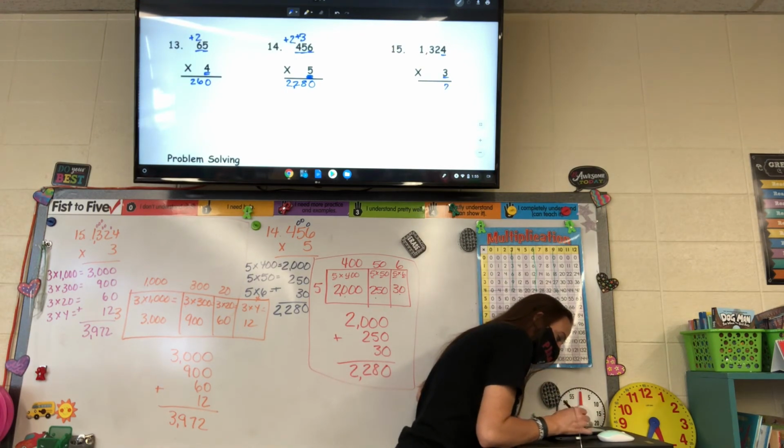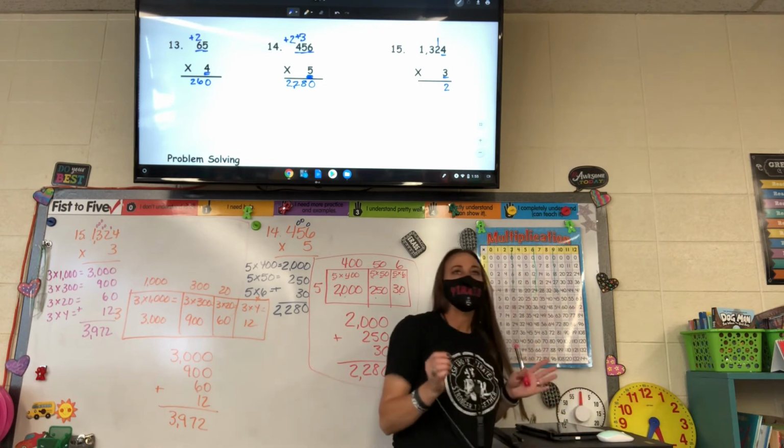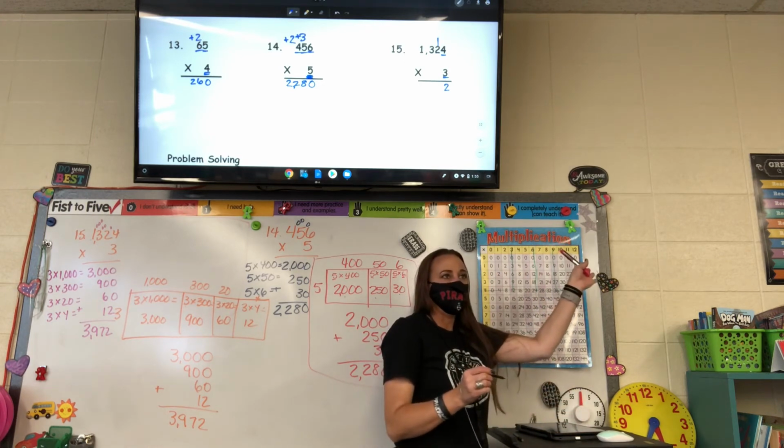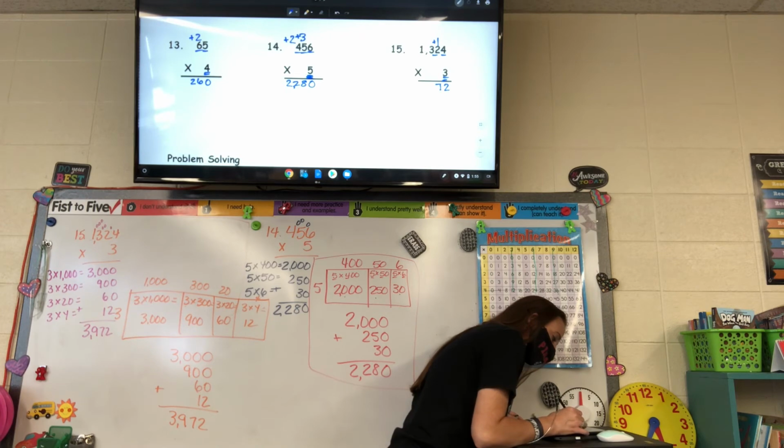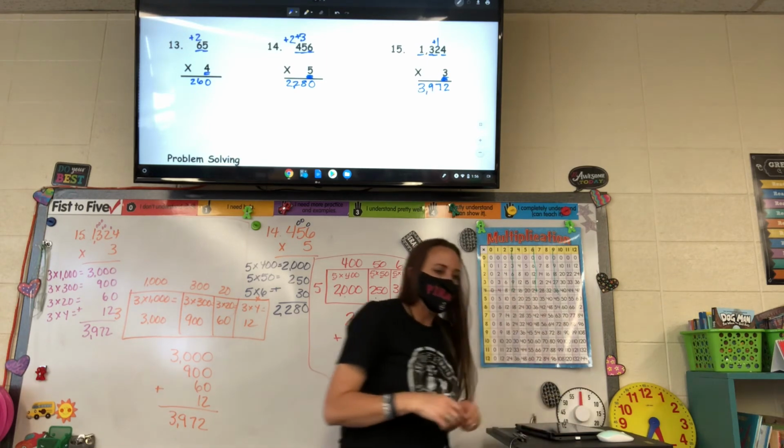Put down the 2, carry the 1, or 12 if you think about it. You carry the 1, the tens place, put down the 2. 3 times 2 is 6, plus 1 is 7, nothing to carry because that's a single digit. 3 times 3 is 9, nothing to carry. And then 3 times 1 is 3, so 3,972.